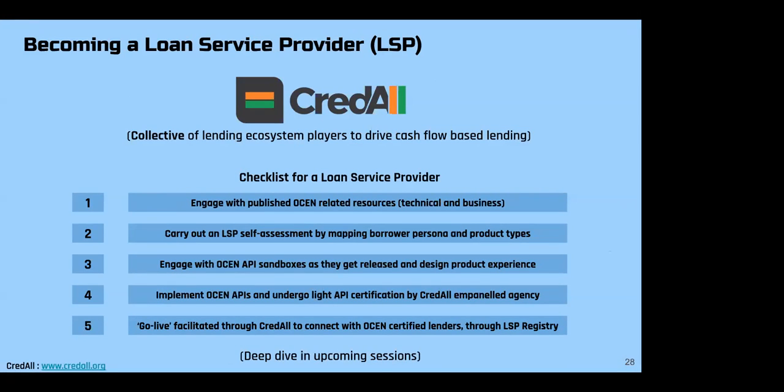And as a very broad checklist for a loan service provider to look at, this is what we have put in place, and I'll very briefly touch upon them sequentially.